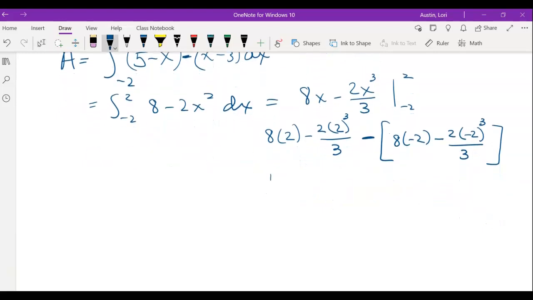And then I'll ask if anybody saw a quicker route. So what's that going to give me? 2 cubed is 8. That's 16 thirds, right? Minus negative 16 plus 16 thirds, correct? So it's 16.